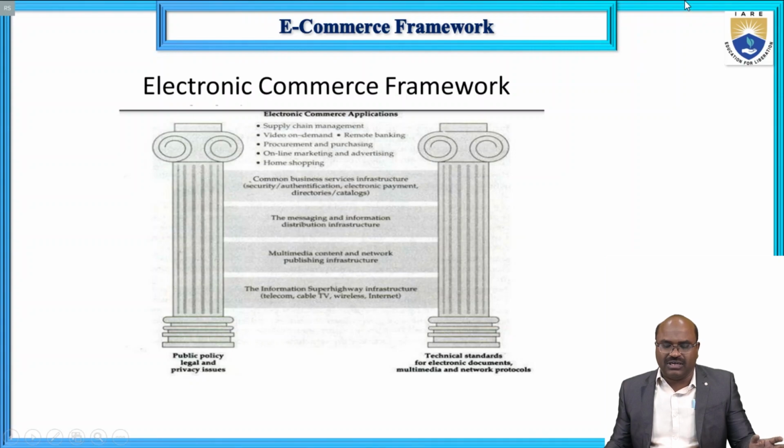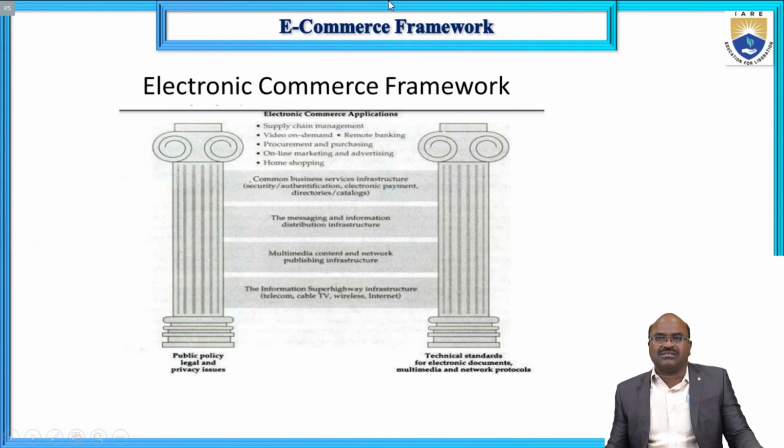Messaging and information distribution infrastructure is also required, and multimedia content and network publishing infrastructure. Then the information superhighway infrastructure: telecom, cable TV, wireless internet. All those things are required to construct a good electronic commerce framework.